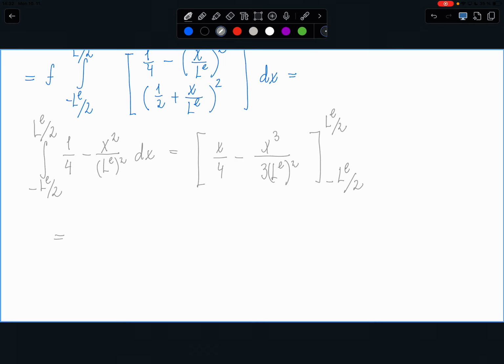So for the upper bound, I'm getting this LE over 8, here I have minus, and here I will have LE to the third power over 3 times 8, because this L over 2 to the third power gives me precisely this, times LE squared, sorry, there are two parentheses, so I know that I can cancel this out, and this is 1 over 24.